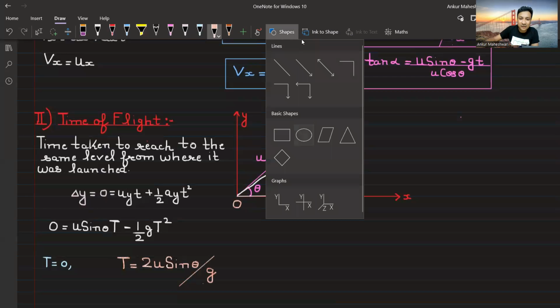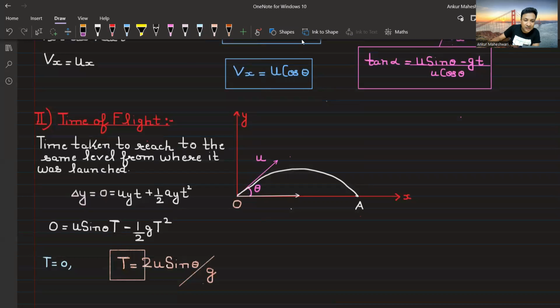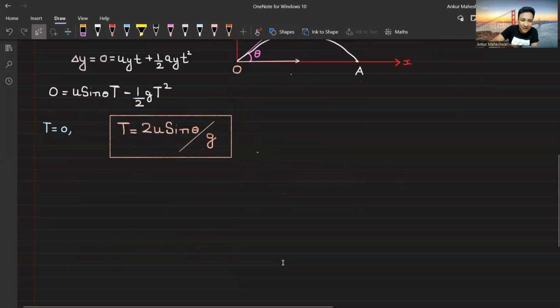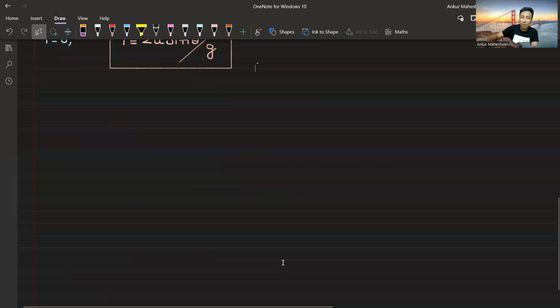Okay, so this is my equation to calculate the time of flight. As you can see, the time of flight depends entirely on the vertical component of initial velocity. So t equals 2u sine theta upon g. All right. Now let us move on to the third parameter that I need to find.